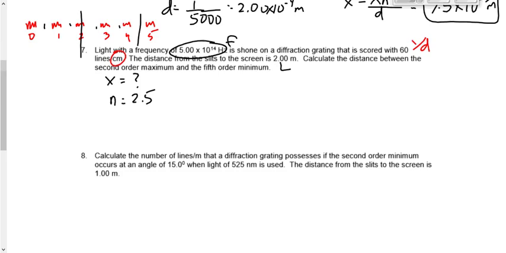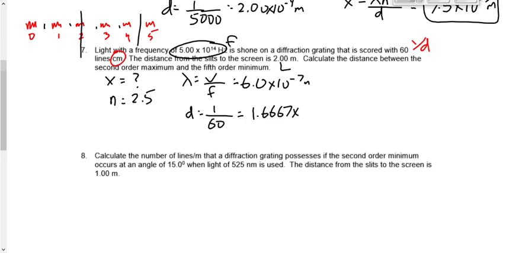Okay, let's get lambda. Lambda is equal to v over f. Again, it works out to be 6.0 times 10 to the negative 7 meters. D is going to be 1 over 60, which gives me 1.6667 times 10 to the negative 2.